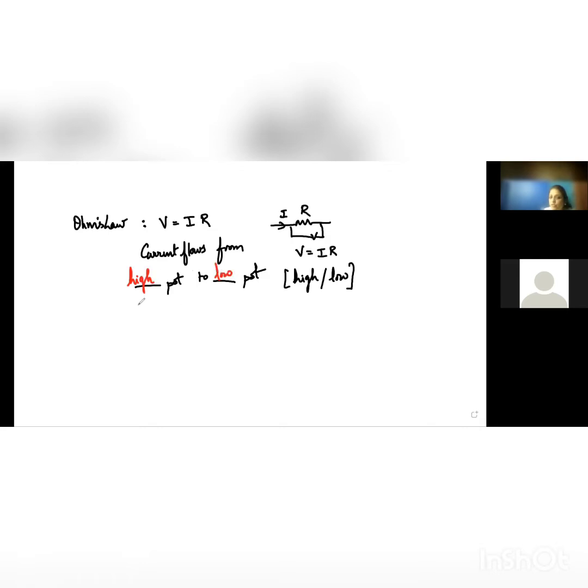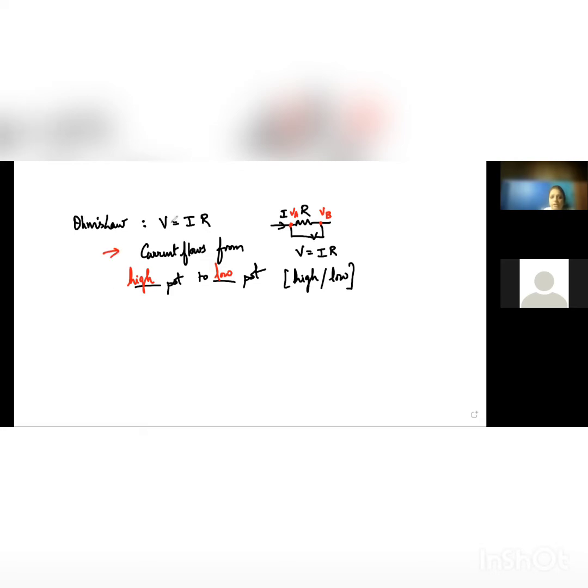So if I have to calculate the potential difference, how will I do so? So I have here only I will take. This is a region of high potential. Let us say that this is VA and this point is VB. This is low potential because current flows from high potential to low potential. So what is the potential V over here? This is one more point you need to know.